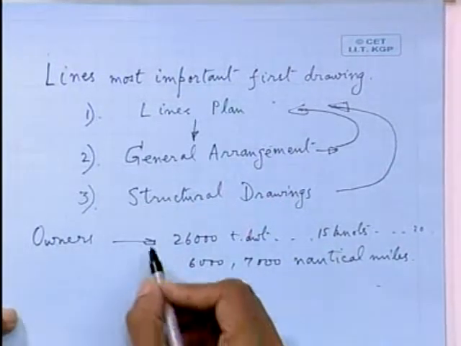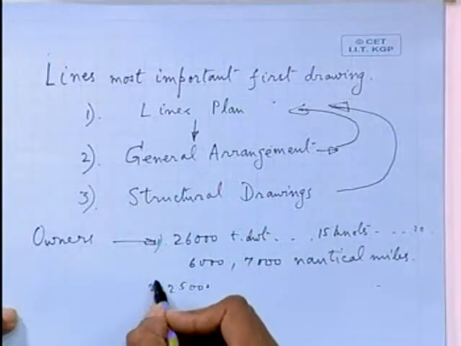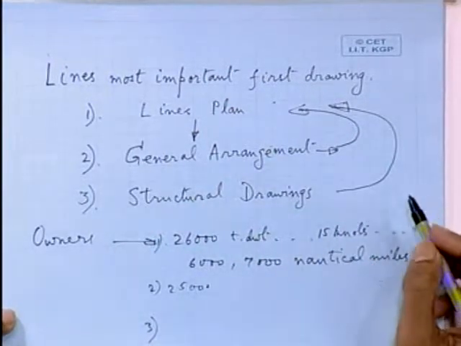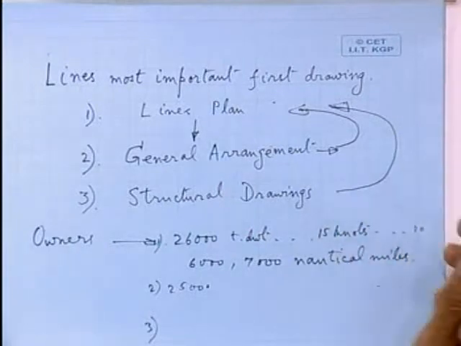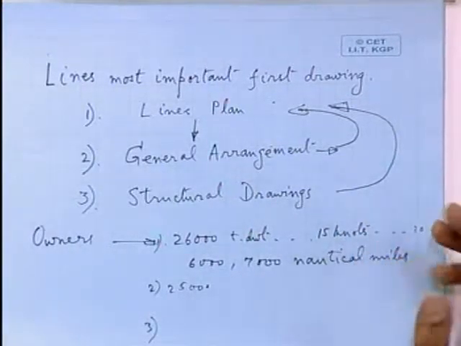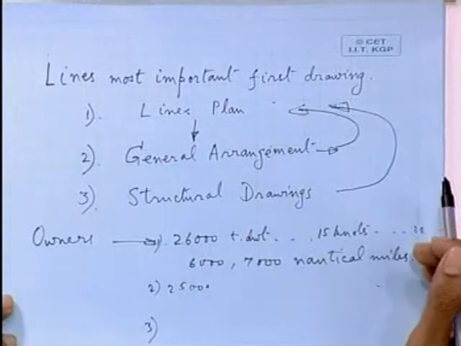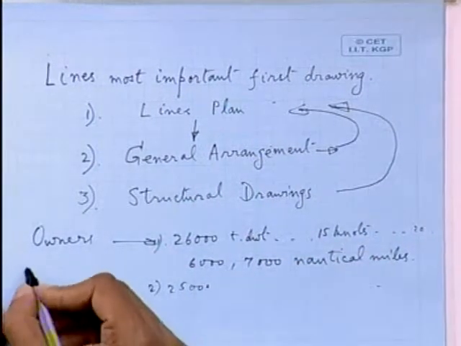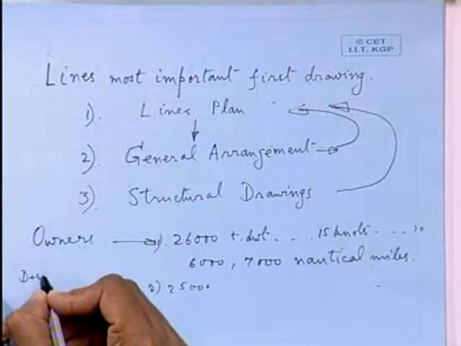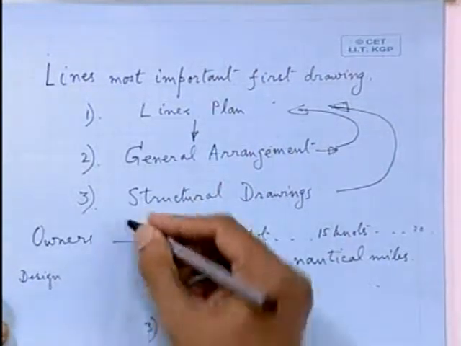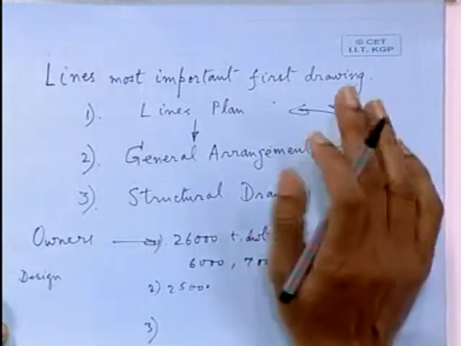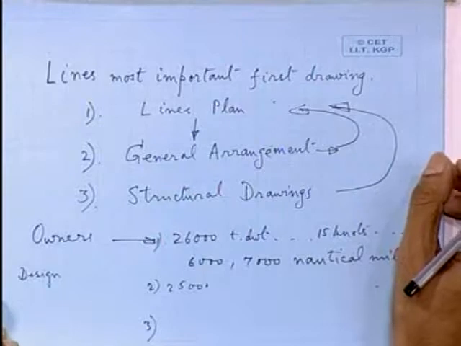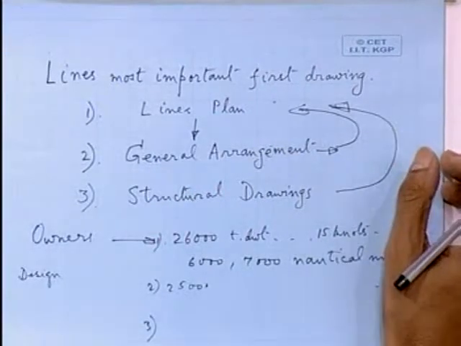Like that, he actually proposes a number of designs, 1, 2, there may be 3, with certain changes in the parameters. Say your principal parameters will change a little bit, speed will be reduced or speed will be higher. All these design options will conform to more or less the same specifications. So, the owner, after all, wants the best product at the least price, isn't it?